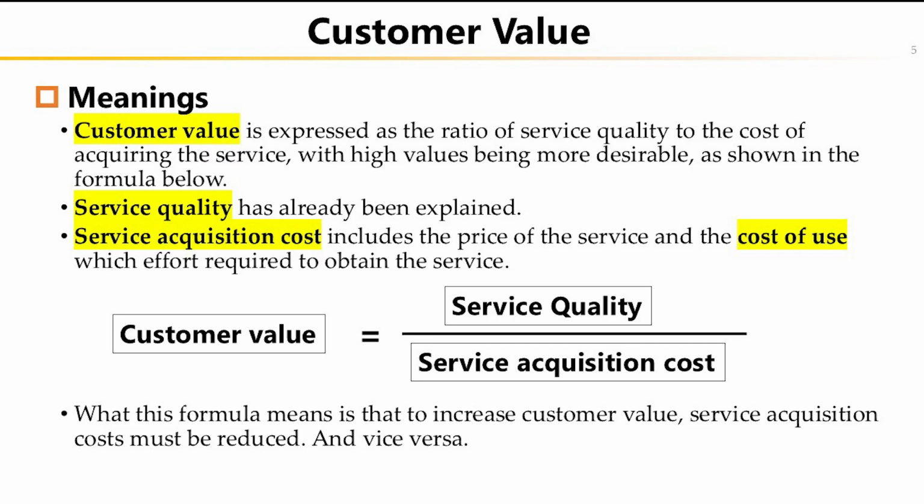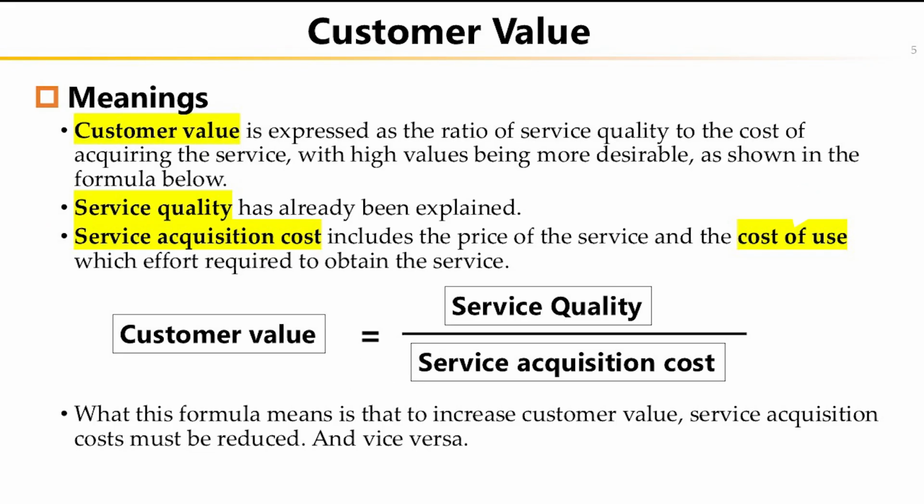The second criterion is the customer value. Customer value is expressed as the ratio of service quality to the service acquisition cost, with higher values being more desirable, as shown in the formula. Service quality in the numerator has already been explained. Service acquisition cost in the denominator includes the price of the service and the cost of use.